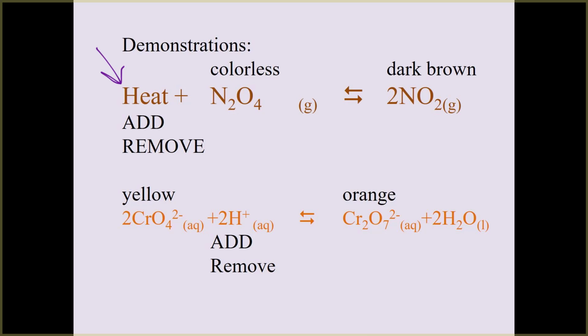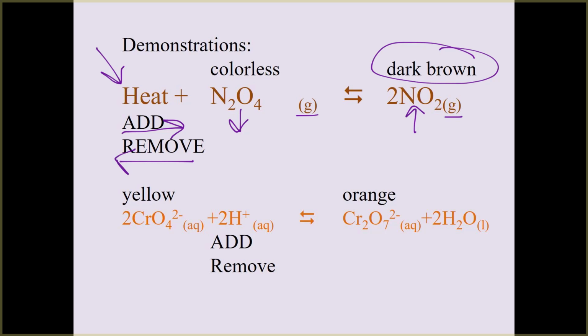So if I add heat to the system of gases, I am going to shift it away. So if I add, I'm going to shift it this way. So I should have an increase on this side and a decrease on this side. And so what's going to happen? Well, it's going to turn a brown color because I shifted to this side. If I remove heat or make it colder, it's going to shift towards the side that you remove.